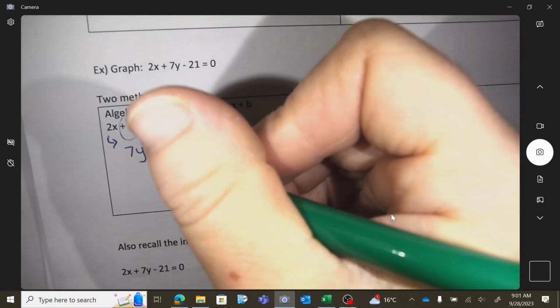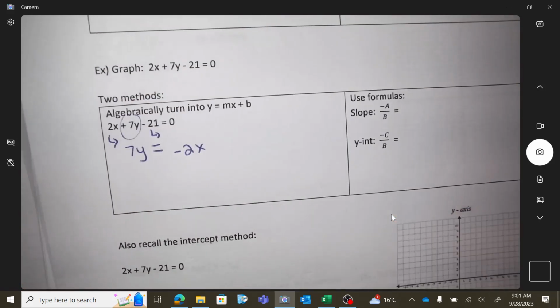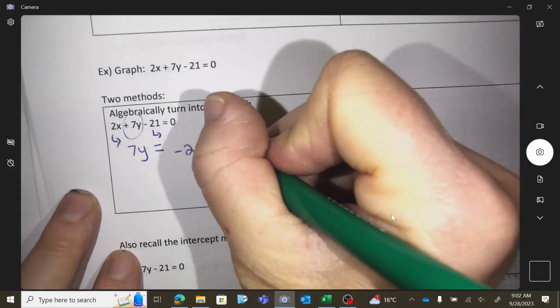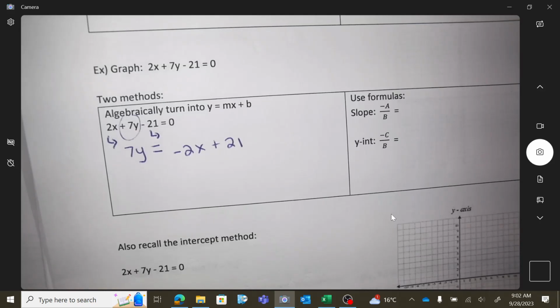Would that make sense? So negative 2x is now over there. And this is going to have to move to the other side as well, so it would change. Plus 21. Okay, so keep the y stuff, move everything else away.